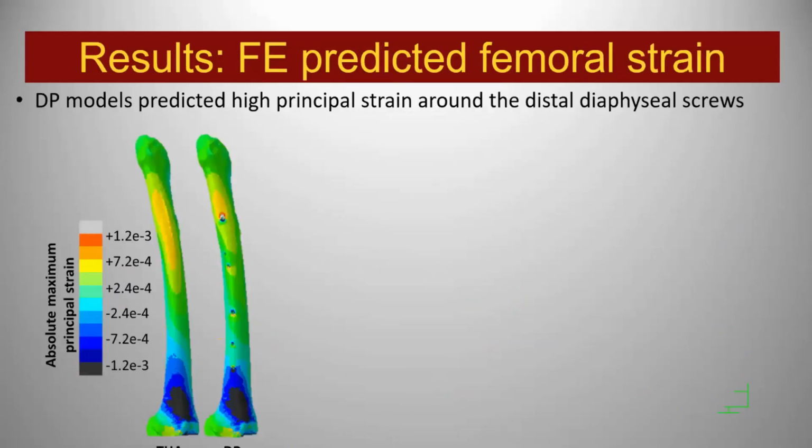So after the validation, we took a look at the model simulation results, at the femoral principal strains, and you can see the diaphyseal plate model predicted higher strains around the distal diaphyseal screws.